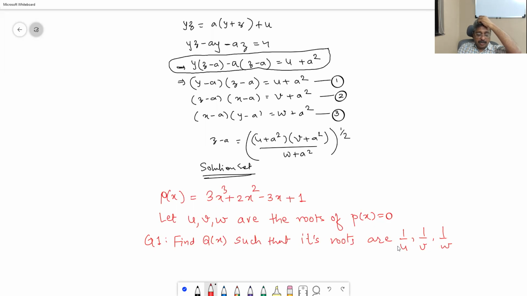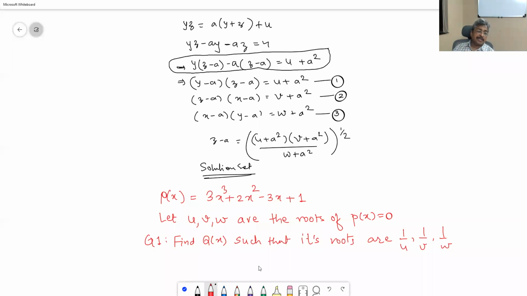Can you get me the q of x, a polynomial in x, such that its roots are 1 upon u, 1 upon v, 1 upon w? Or the roots of the equation q of x is equal to 0 are 1 upon u, 1 upon v and 1 upon w. Try your level best.